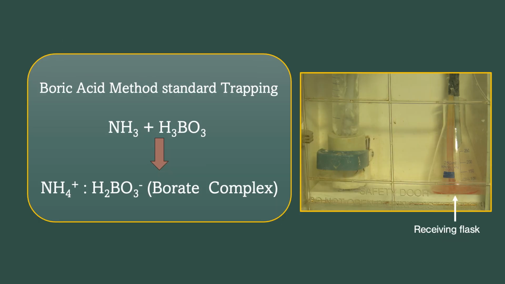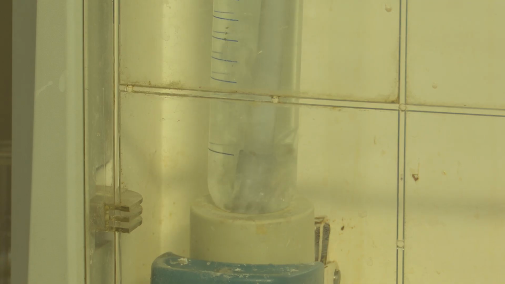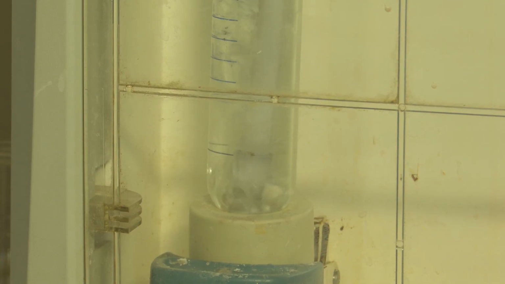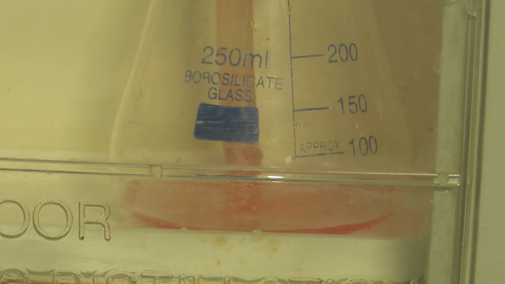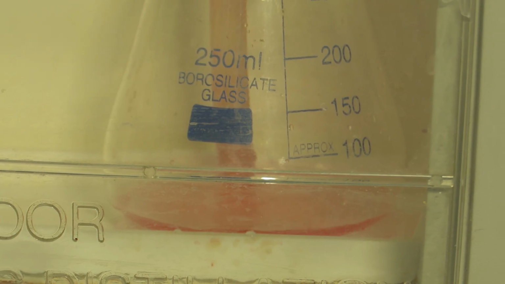Boric acid will be automatically collected into the receiving flask containing the methyl red indicator, and liberated ammonia will be trapped in boric acid. Next, the mixture is heated. The released ammonia gas is distilled and carried by steam into a receiving flask.